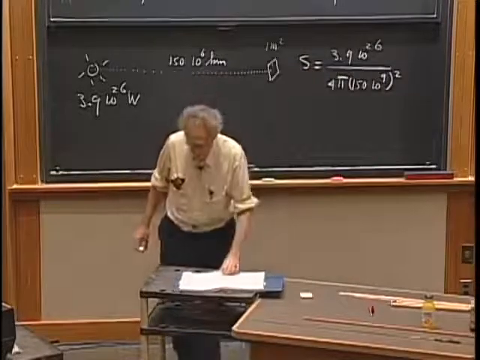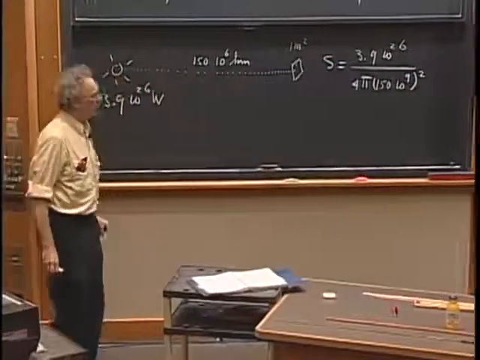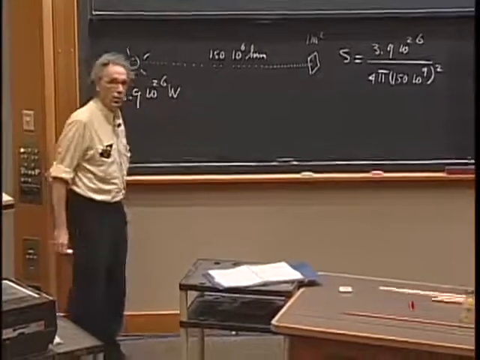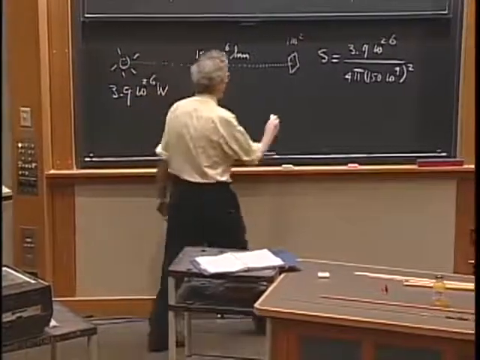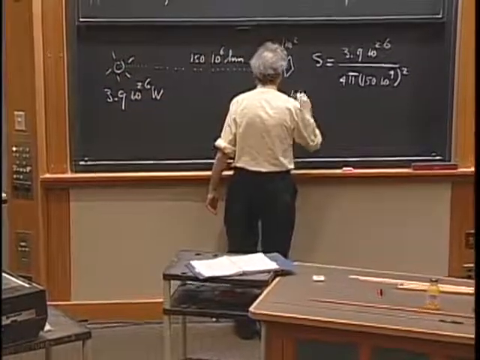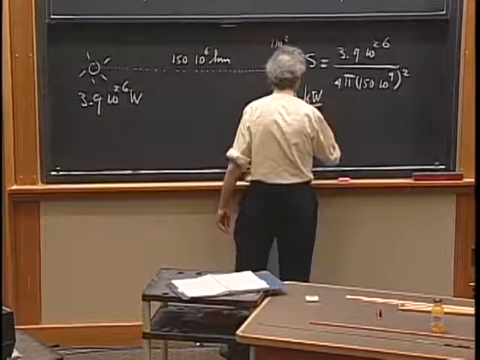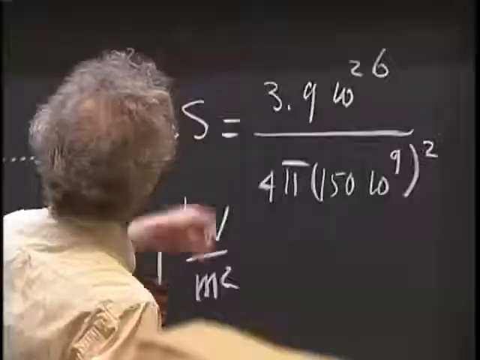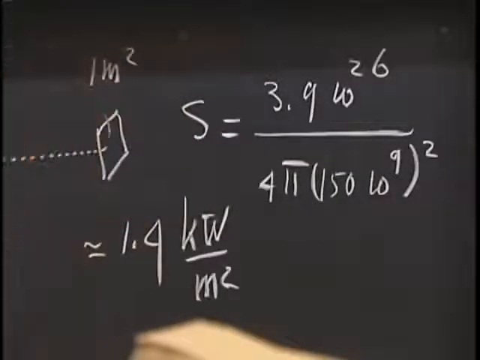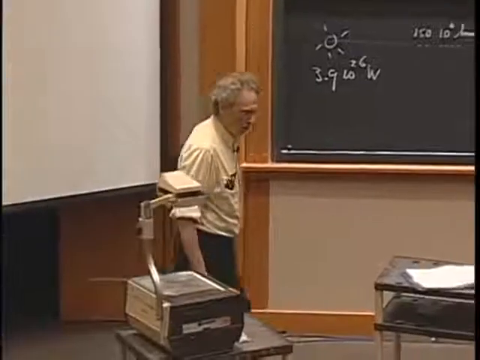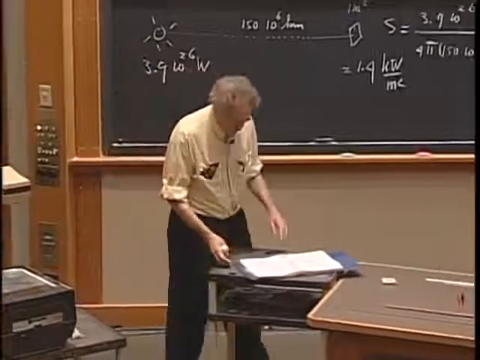And that is now the number of watts per square meter that we receive at Earth from the sun. And that number is a very famous number. That is 1.4 kilowatts per square meter. And that's why I picked the 1.3, to show you that if you walk around on the beach and you don't take care of yourself, if you do that too long, that is very dangerous because your body absorbs that.